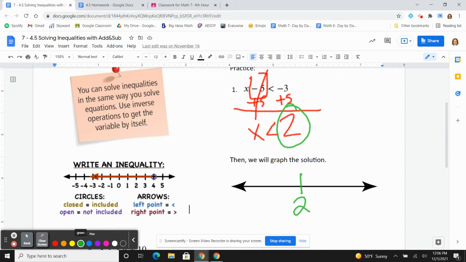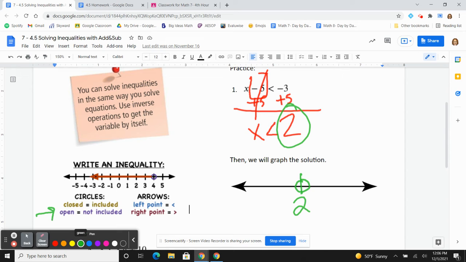X has to be less than 2. It doesn't say less than or equal to. It just says less than 2. So 2 is not included. So we are going to put an open circle on 2. Open circle. See over here, open means not included. And then it's all numbers that are less than 2.